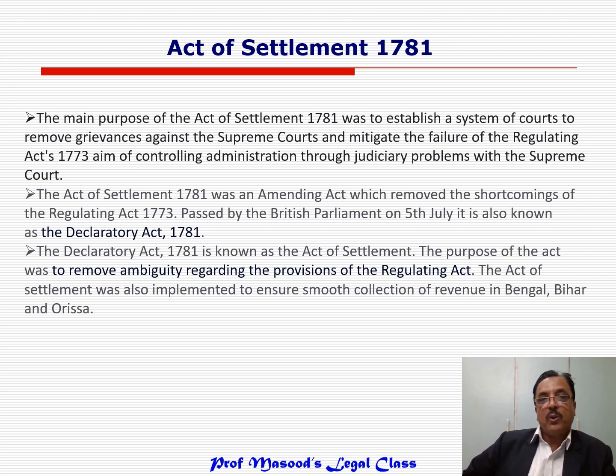Now we are talking about the Act of Settlement 1781, which means almost 181 years after the British started the East India Company in India. But if we see from 1600 to 1781, directly and indirectly, the British were establishing the judicial system and the legal system in India.